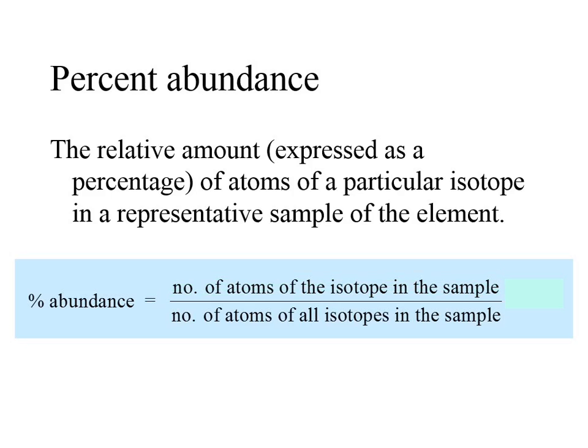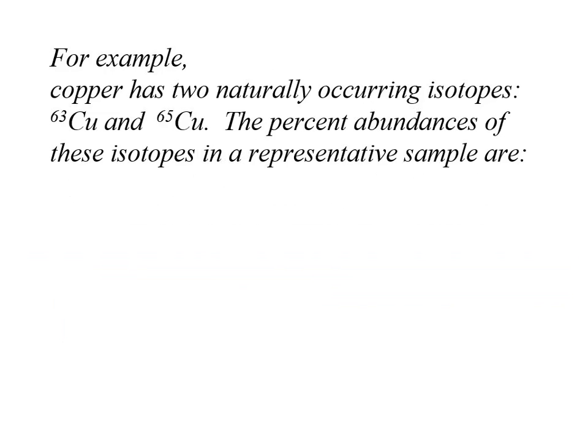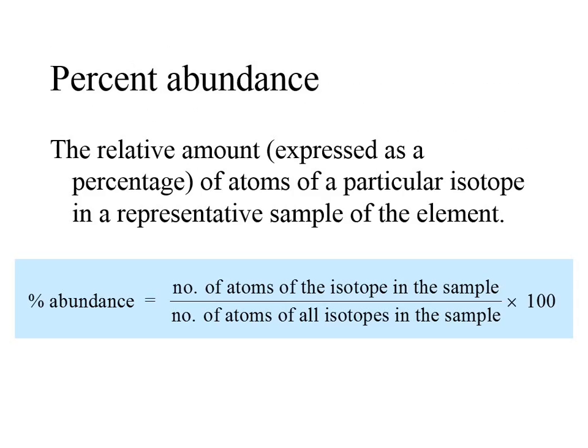So the percent abundance of one isotope, you take the number of atoms of that particular isotope divided by the total number of atoms in the mixture. And then to get it parts per 100, you multiply by 100. The formula I'm going to show you in a minute doesn't have percent abundance, but it has fractional abundance.